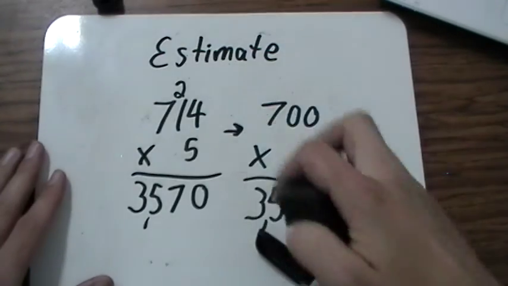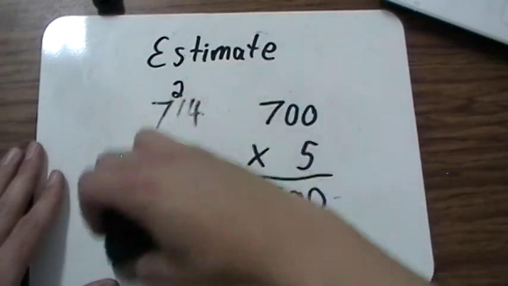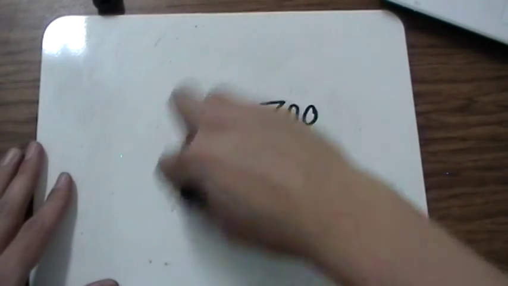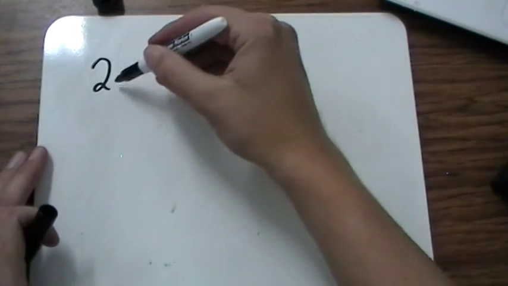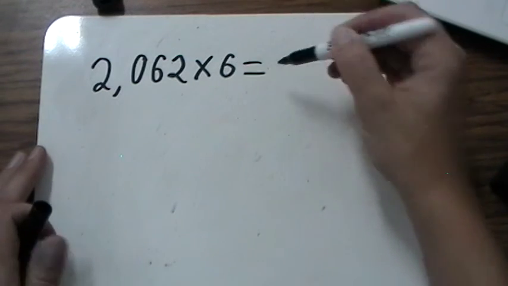All right, let's do one more multiplication problem today. This time we're not going to estimate. We're just going to jump right into it and find the actual product. All right, let's say you got 2,062 times 6.